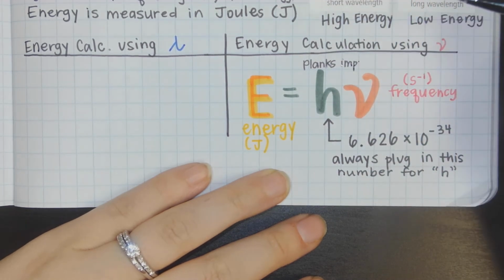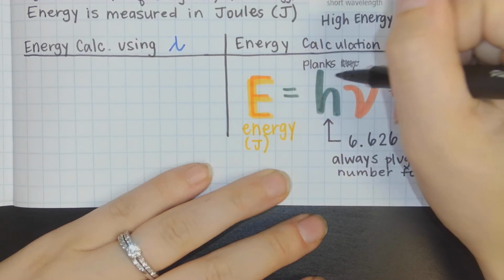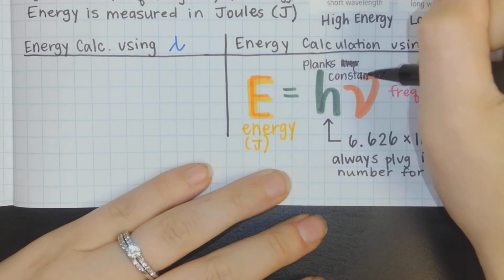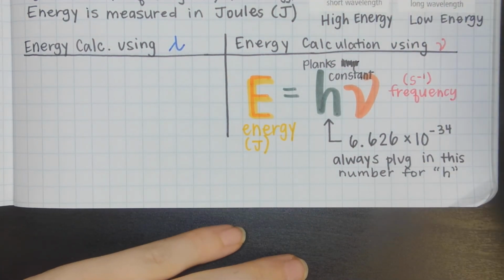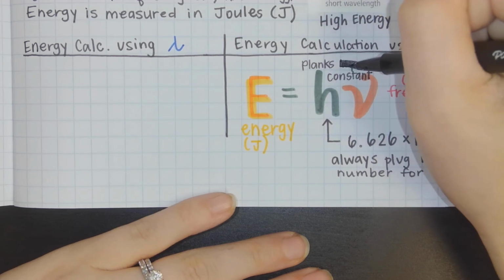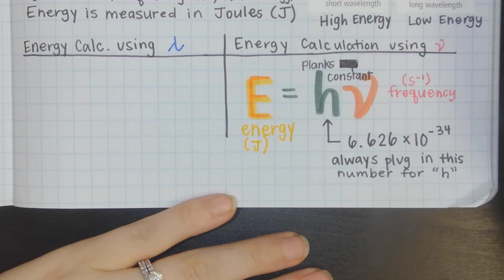And whoops, why did I just write important? It is important, but I meant to write constant. Planck's constant. It is important that we have this value in here, even if you don't 100% understand why it's necessary, that's okay.